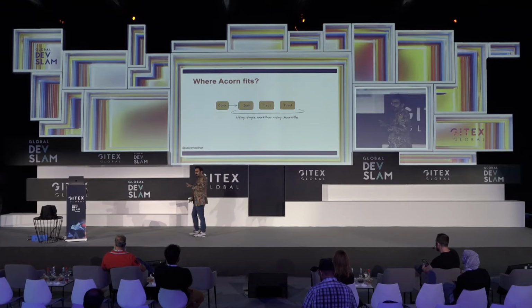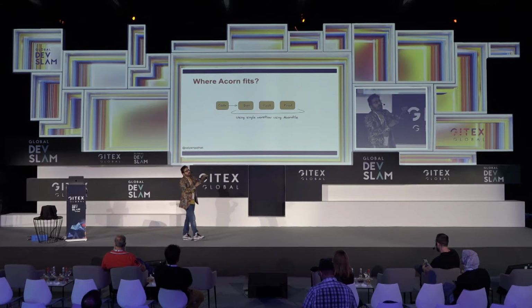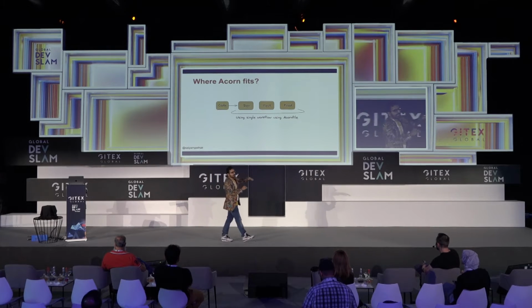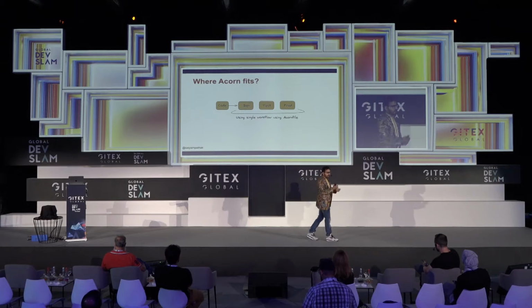An Acorn file is basically a schema for your application: how your application should look, what images you need to use, what dependencies it should have, environment variables, secrets, volumes, and all that. But you don't need to understand the Kubernetes concepts. And yes, that was the main ideology behind creating Acorn.